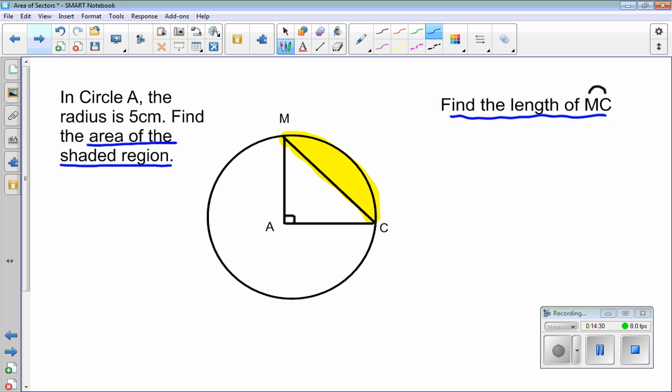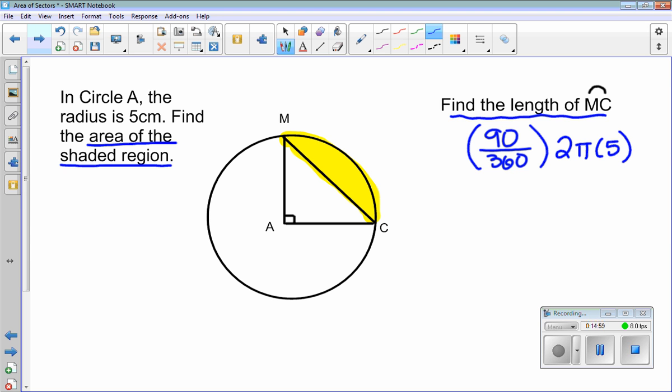Go ahead, Jared. 90 over 360 times, because we're finding the length, not the measure. What am I missing? It's written in the problem. What's the radius? 5. So the length is going to be 2 pi r. Would you agree with that? Okay, that's just the process, but that's fine.